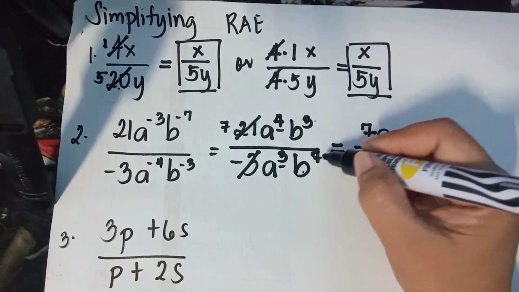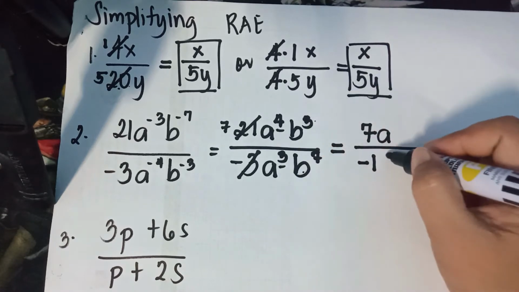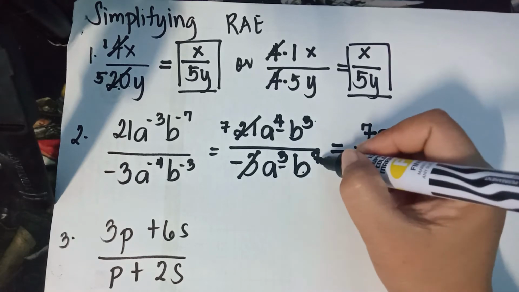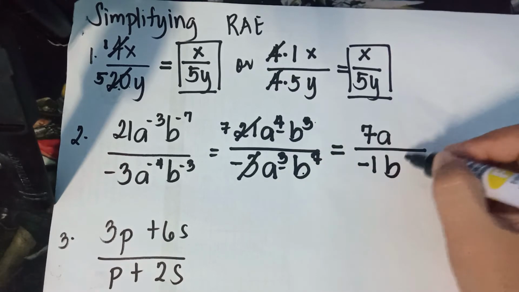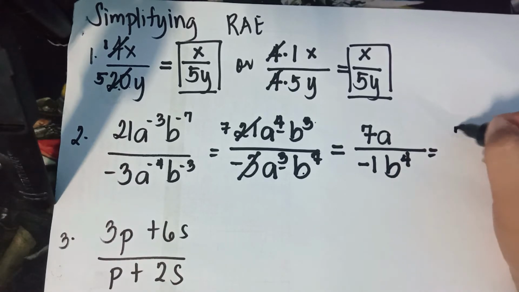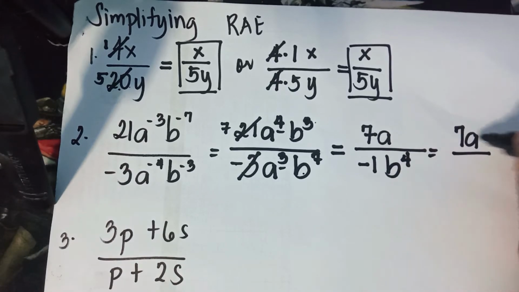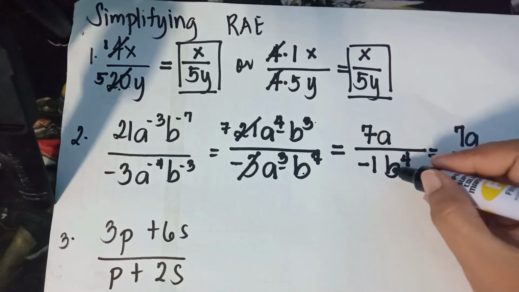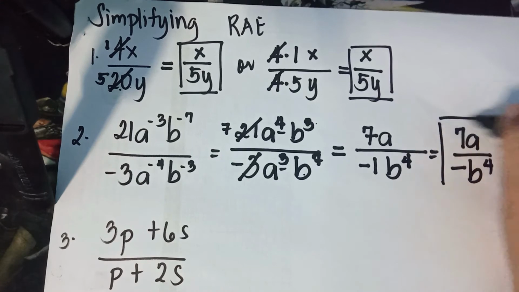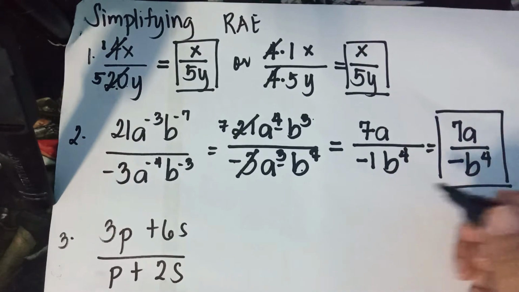Since b raised to 7 is greater than b cubed, then b is on the denominator. Next, subtract 7 minus 3, that is 4. Final answer is 7a over negative 1 times b to the 4th, which is negative b to the 4th. This is our final answer.